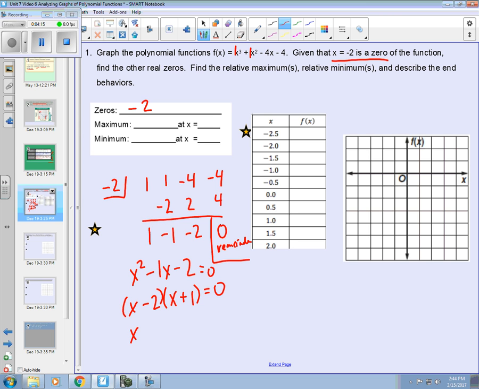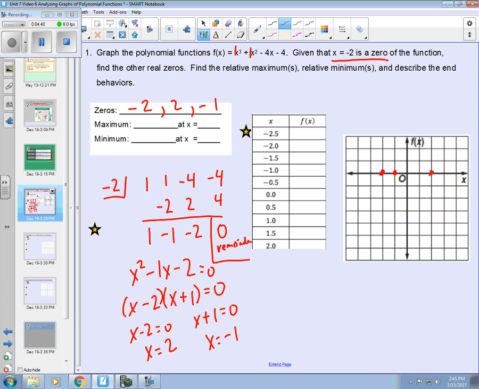Put both of those equal to 0 and solve, and we know the other two zeros now. The other two zeros are going to be -2 and -1. So at all those locations, we should see our graph pass through the x-axis.